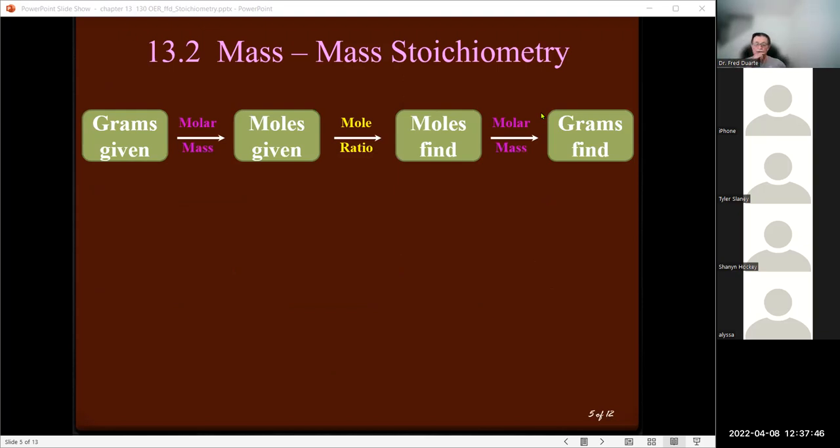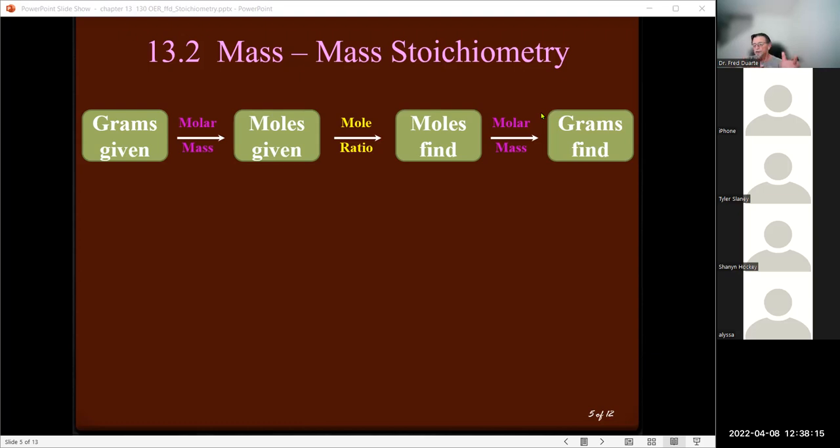Recall in the last chapter, we did have a flow chart. And I stated in that flow chart that to get from point A to point B, we can't go directly from units of grams to grams. We could do that if we knew the weights of all the products or reactants being created, but we don't.